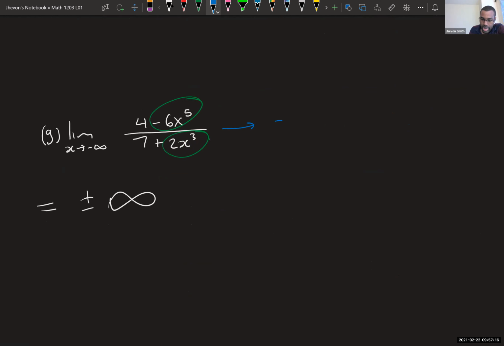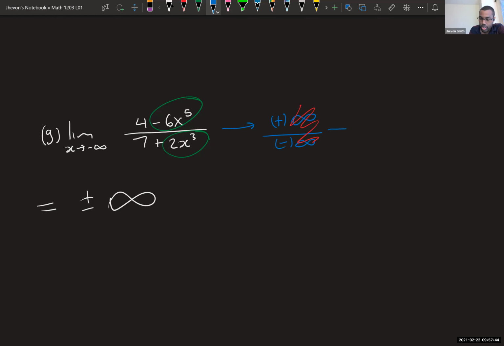Here, you're going to have negative infinity. Well, you're going to have positive infinity on the top because you have x to the 5th, you plug in a negative number, it stays negative, multiply by a negative 6, you get a positive, divided by, in the bottom, you're going to have a negative infinity. The infinity parts you don't actually care about. You actually just care about the signs.